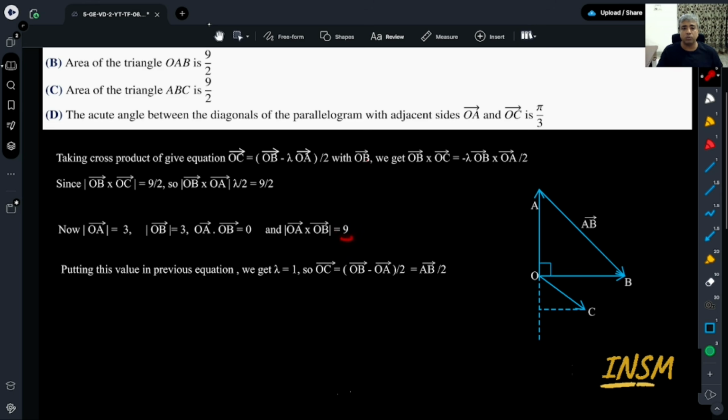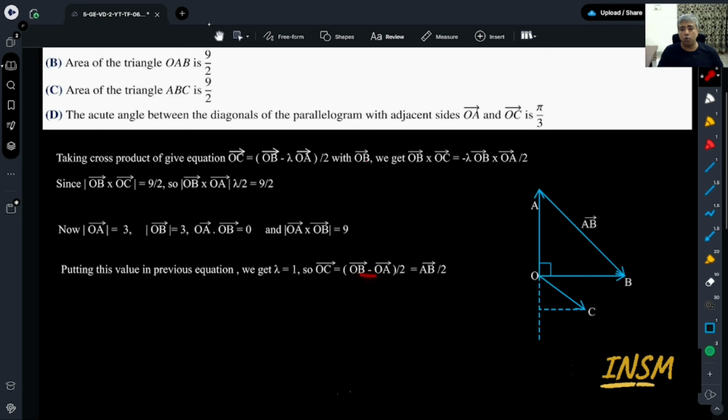Now putting this value 9 here, OB cross OA as 9, we'll get the value of lambda as 1. Now we put this value of lambda as 1 in the original equation given to us. So this will give us OC as (OB minus OA) upon 2.